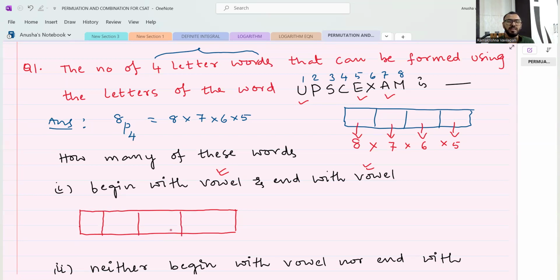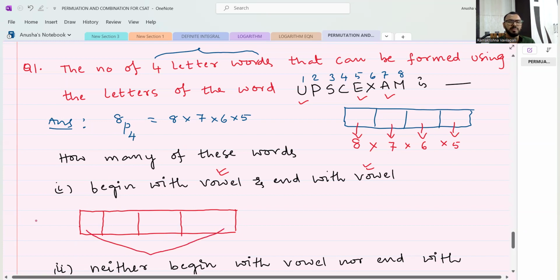We want to fill the first box and fourth box with vowels only. See the first and last, this must be a vowel, and this also must be a vowel.